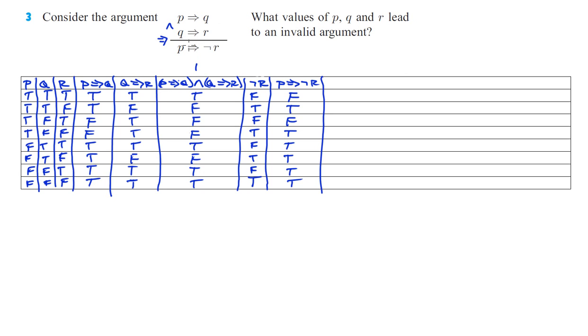That's our if statement, and then P implies not R, there's our then statement. So it's going to be P implies Q, and Q implies R. Does that all imply P implies not R? Whew, that's a doozy. That's all right, we can do this.